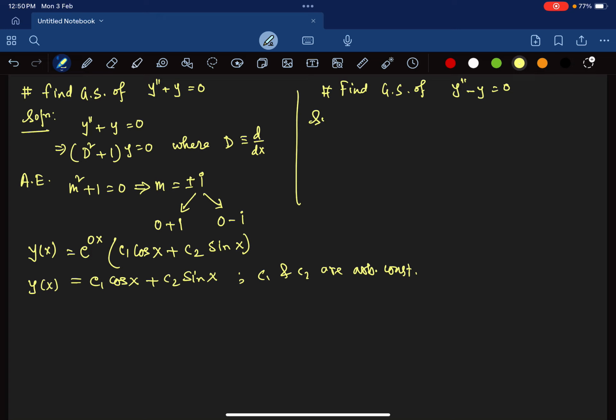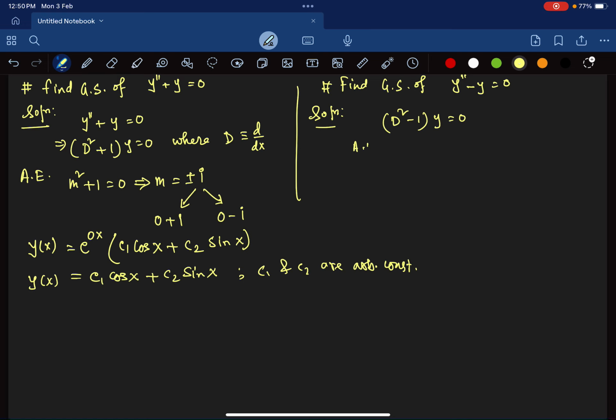So in this case, the auxiliary equation you can write as D square minus 1 equals 0. Okay, this is the operator form. So the auxiliary equation AE is m square minus 1 equals 0. So m equals plus minus 1.